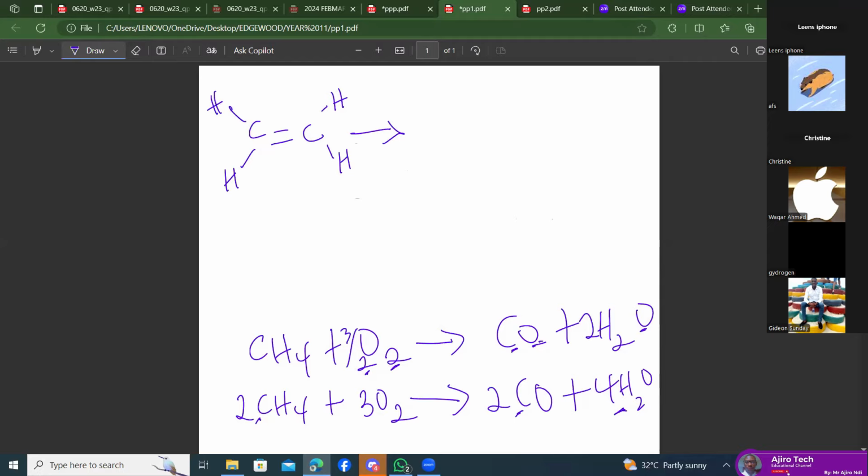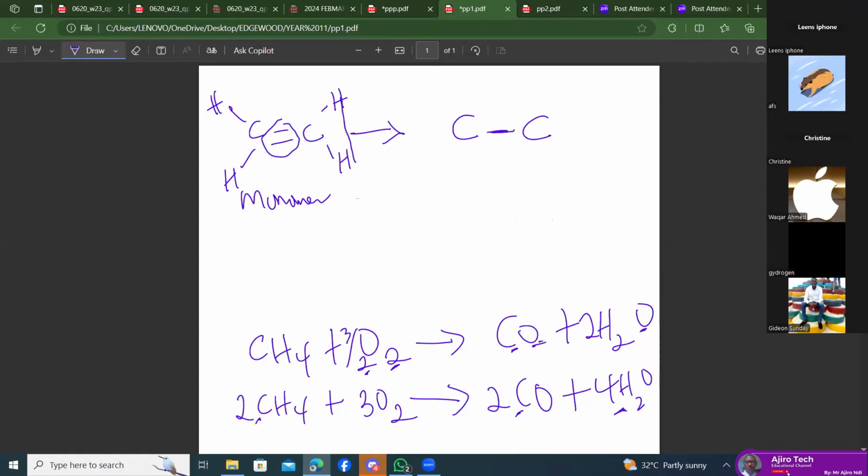When it undergoes addition polymerization, the double bond breaks to a single bond. So we have C single bond C, and then you attach all the hydrogens that were there in the previous monomer, because this is the monomer now.